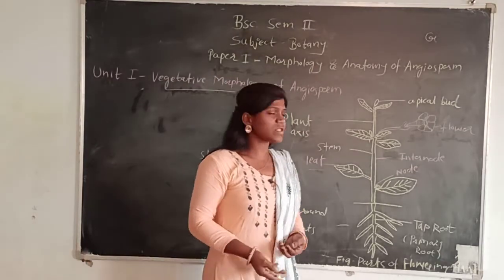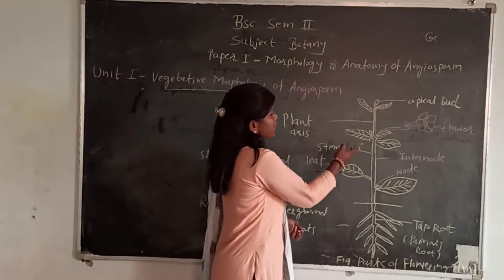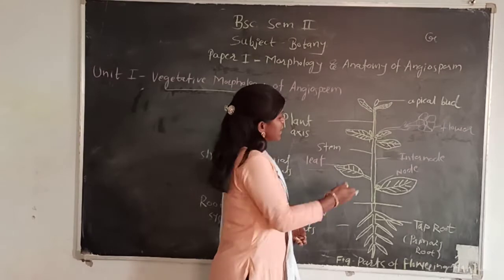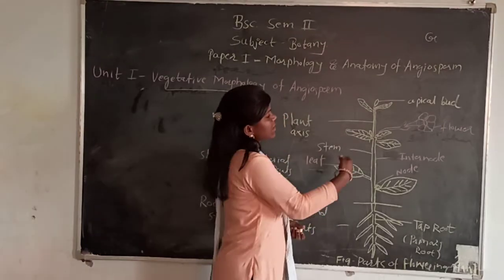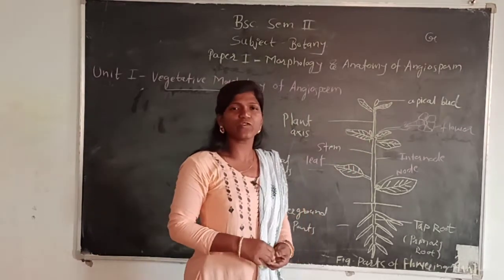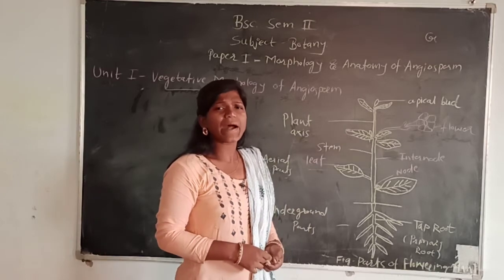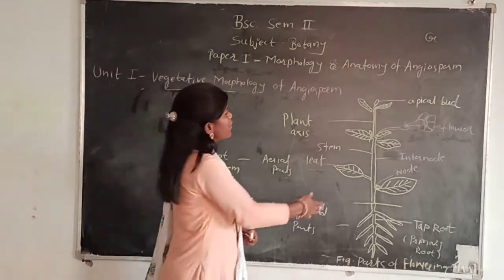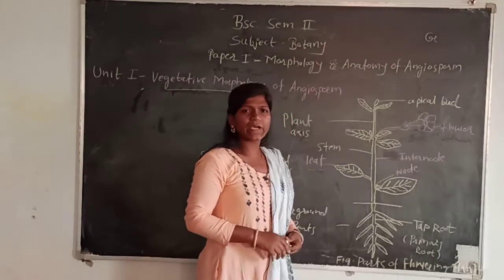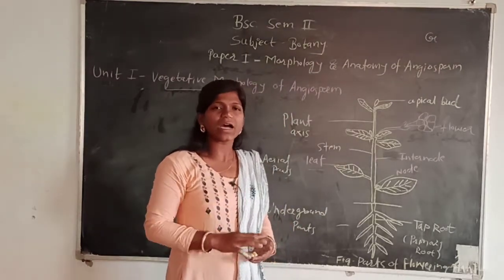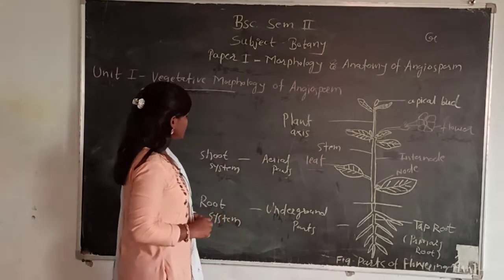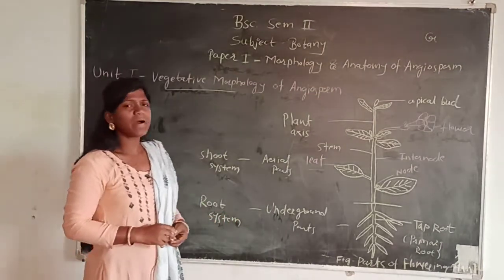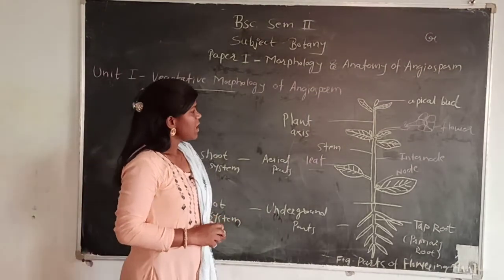So in the shoot system there are leaves, stem, branches, flowers and fruit. The plant axis may be branched or unbranched. These are the parts of the plant axis.